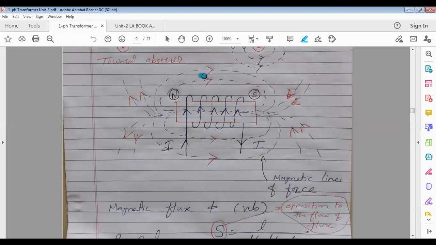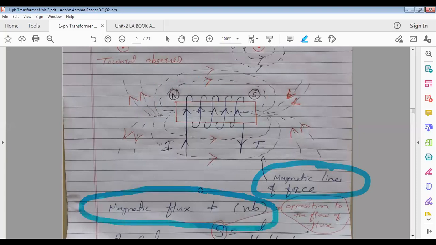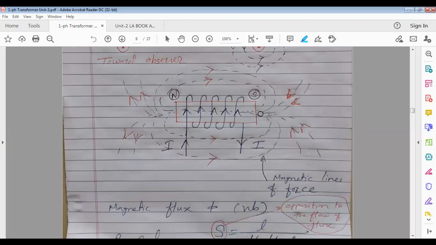This is the direction, all of you can see here, and this total number of magnetic lines of force is called magnetic flux. It is denoted by phi, and its unit is Weber. Or you can say a magnetic field is produced around this electromagnet. All of you know magnetic lines of force start from the north pole and move towards the south pole, and they can complete the path through the magnet also.